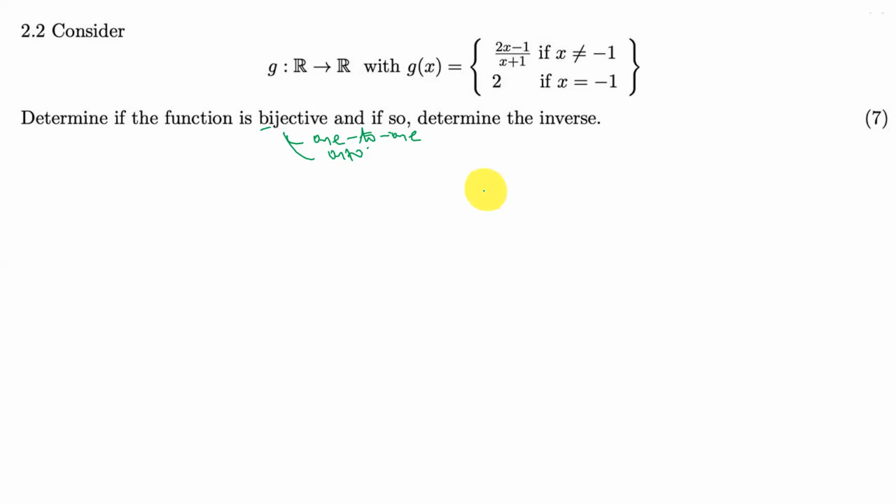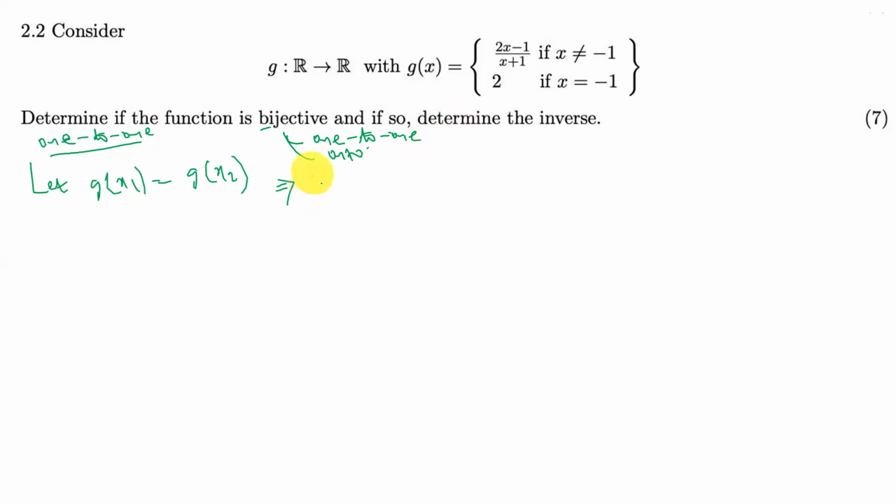It means that if ever, so we let, for the one to one part, we let g of x1 be equal to g of x2, and then we require to prove that this means x1 equals x2. But if g of x1 equals g of x2, what would it mean in terms of this?